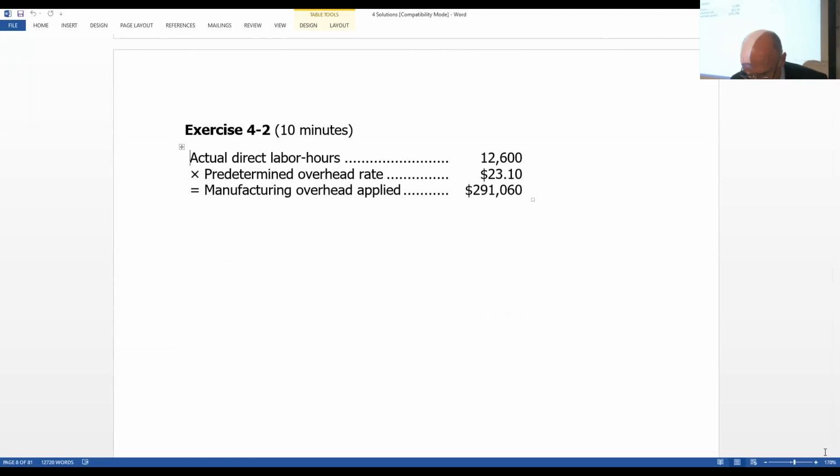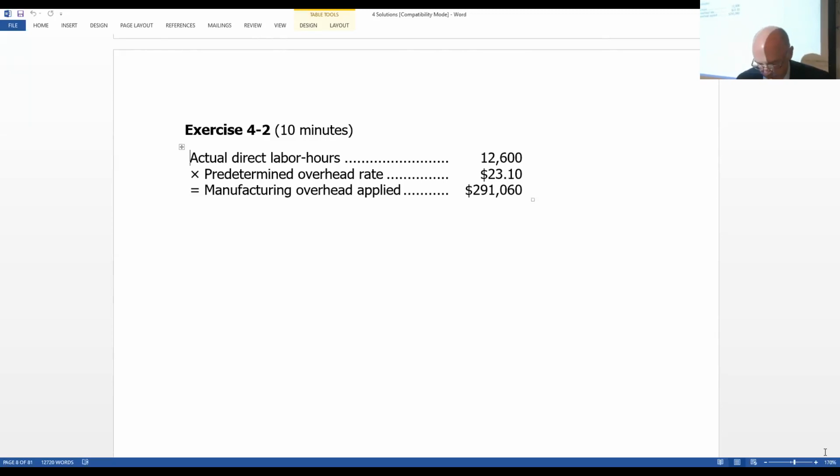This predetermined rate was based on a cost formula that estimated $277,200 of total manufacturing overhead for an estimated activity level of 12,000 direct labor hours. The company incurred actual total manufacturing overhead costs of $266,000 and 12,600 total direct labor hours during the period.